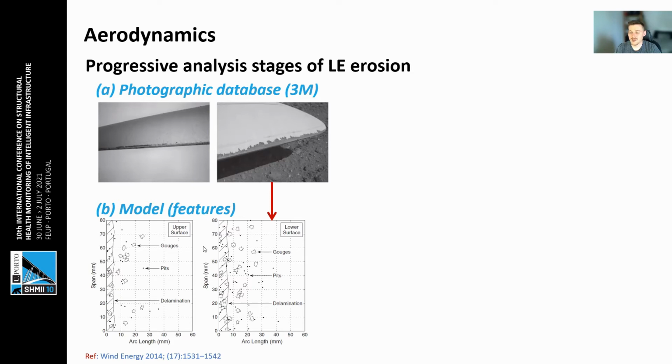And they show that leading edge erosion starts off with small pits, which then coalesce together to form gouges. And if this is left untreated, the gouges accumulate and the degradation progresses to delamination, which can severely impact the aerodynamic properties of the blade, but also its structural integrity.